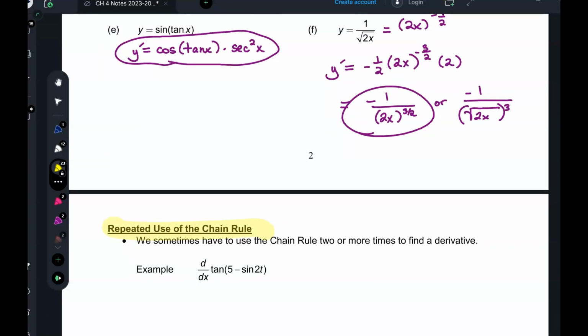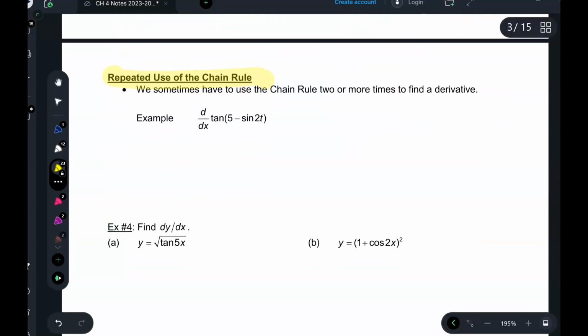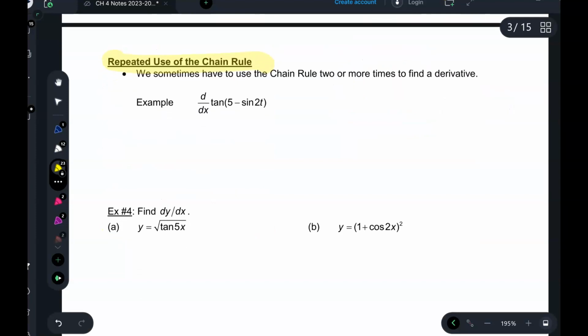Sometimes we have more than one composition of functions. In this case, we have 3. We have a tangent, we have a 5 minus a sine, and we have a 2t. So let's see how this works. First, I'm going to number them.